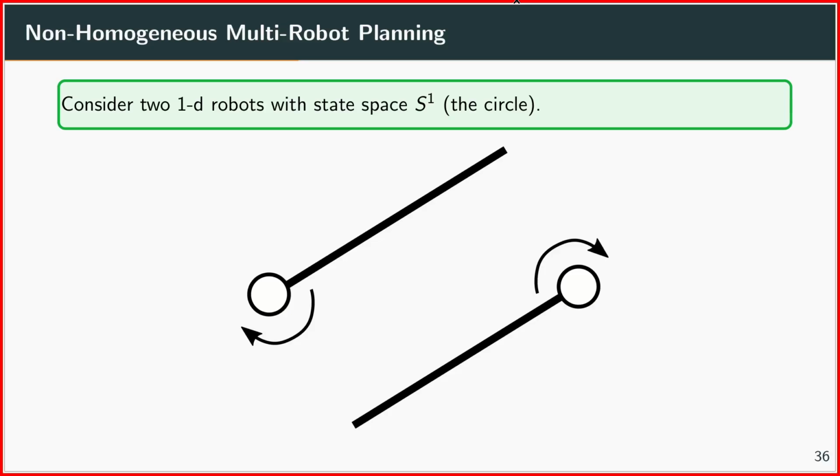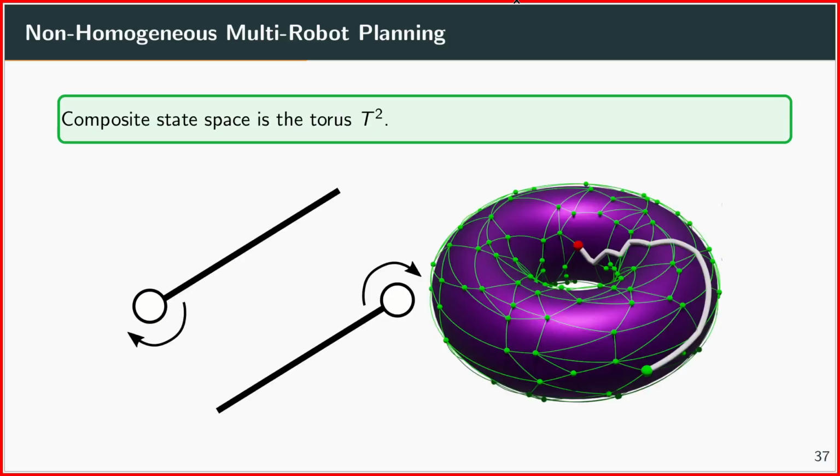But if you take the Cartesian product of those two circles, what would you get? A torus. Exactly, yeah. So if you want to plan here, then it is planning on a torus. And this is basically the same as you would also do in the 2D case. You just sample on the torus, you connect edges to samples, and then you get a shortest path from one position to another position.